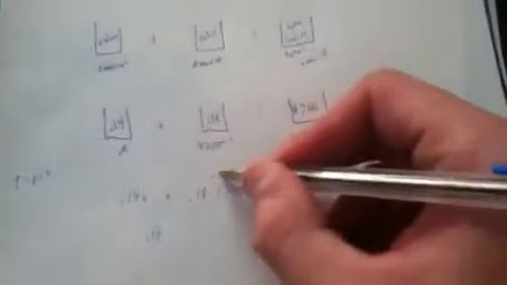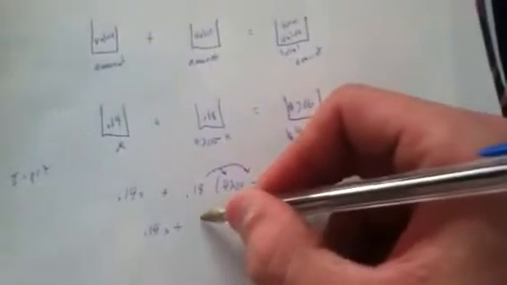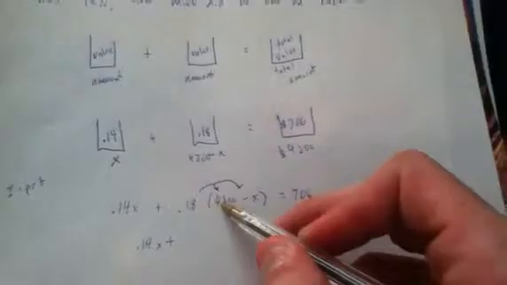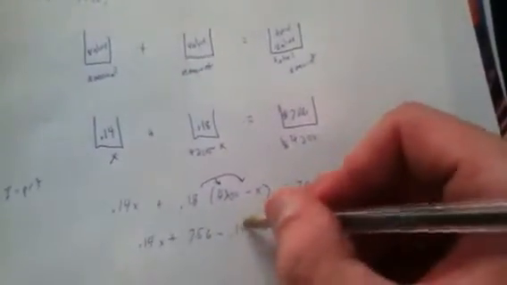And we're just going to distribute this 0.18, so 0.14x plus 0.18 times 4,200, which is 756, minus 0.18x. That's 706 still. We're going to combine the like terms.